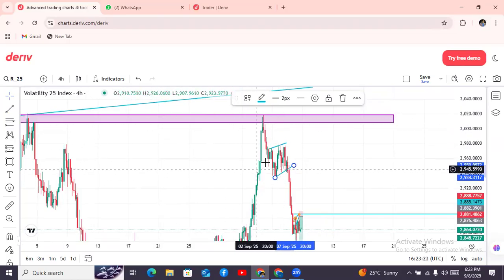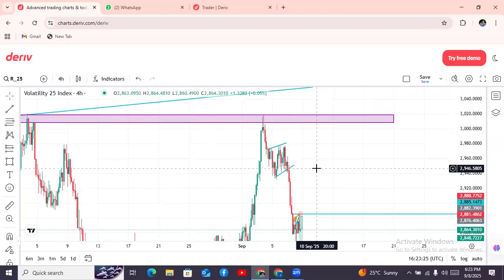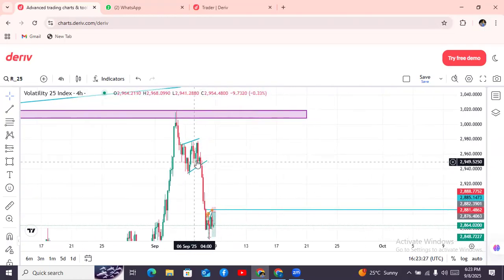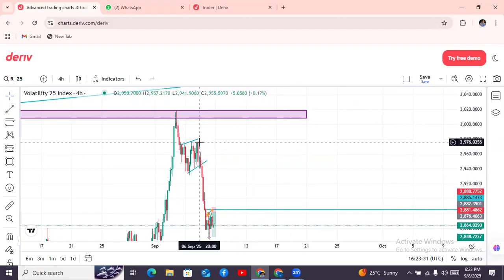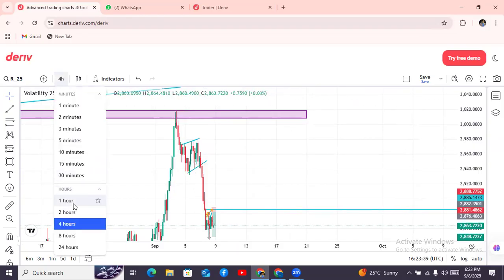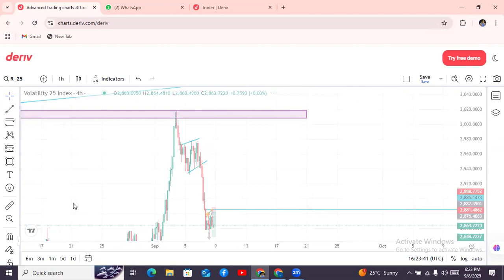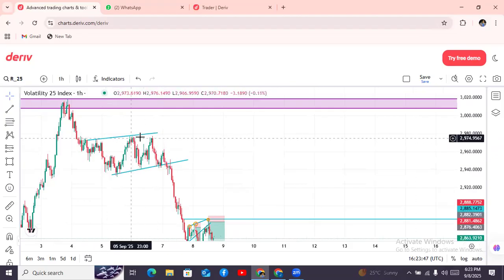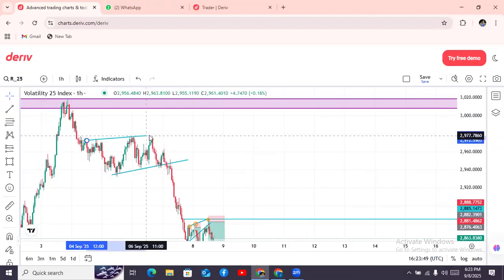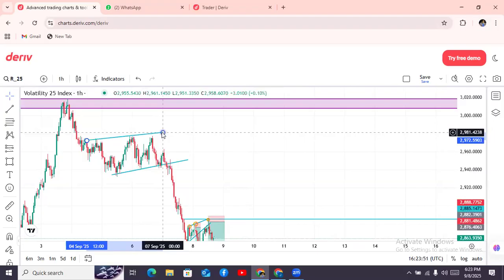We have our bearish flag here, and we were supposed to wait for the market to close bearish before we can actually sell. Which it did in this 4 hour time frame. But it's always good to go on the lower time frame to see the clear behavior, a proper behavior of the market or price movement. So we can see that very well.